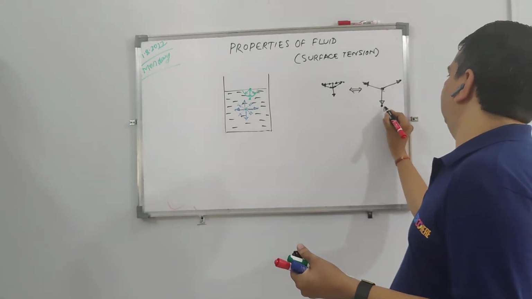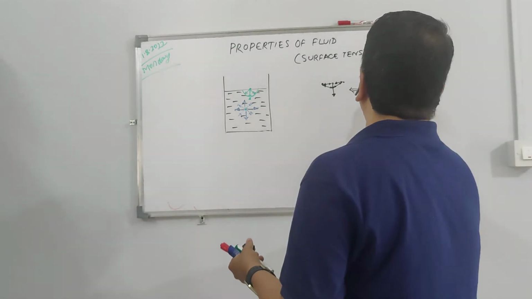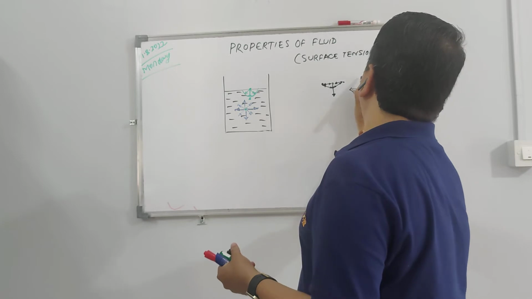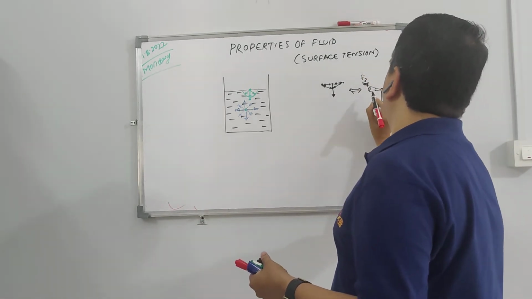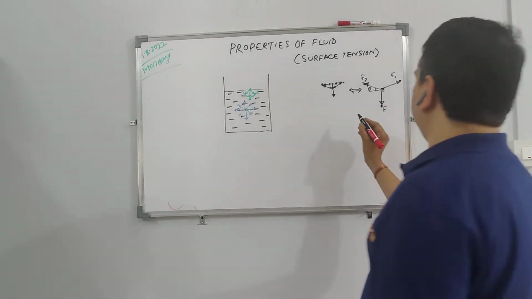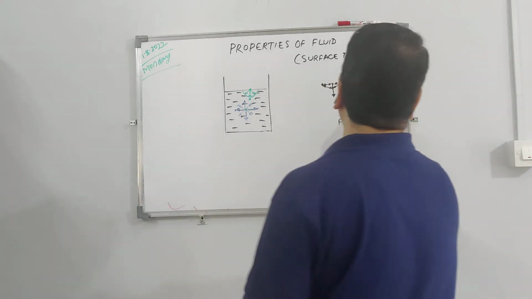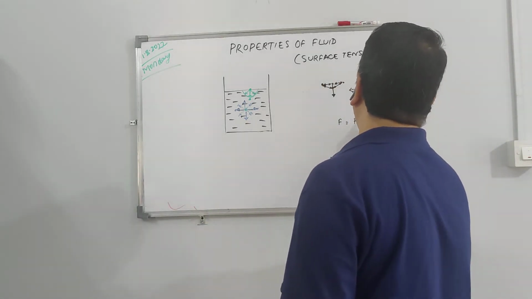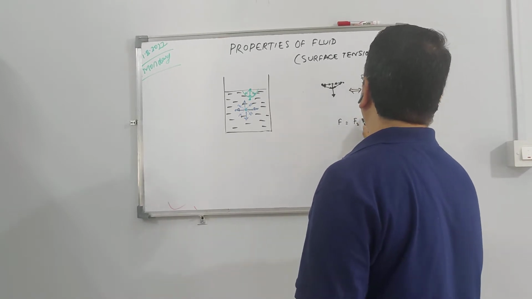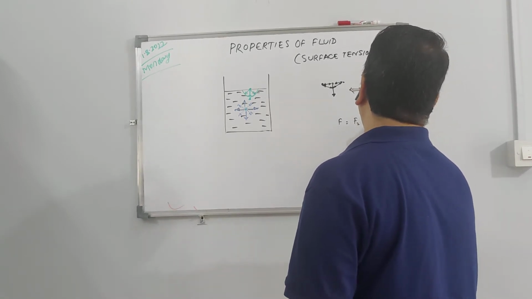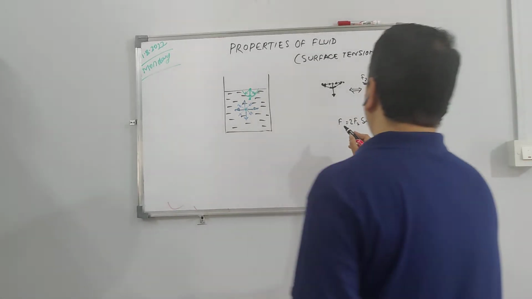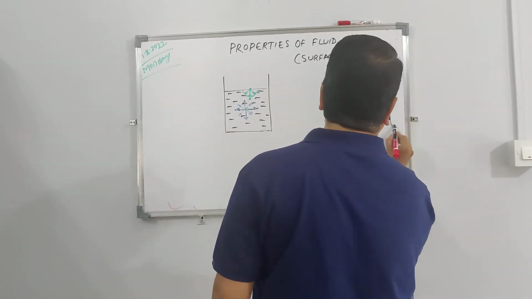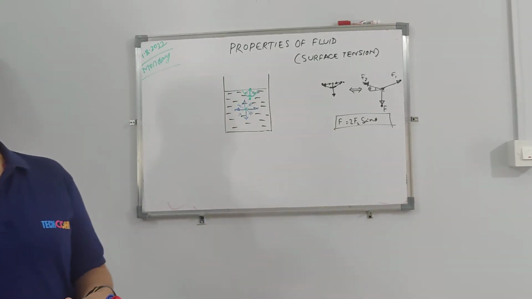Let's say this is a force F, and this is force F1 and this is F1, and let us say this is my angle theta. So F is equal to 2F2 sin(90 minus theta), so it is sin theta, two components, 2F2 sin theta. In this condition it will remain balanced.